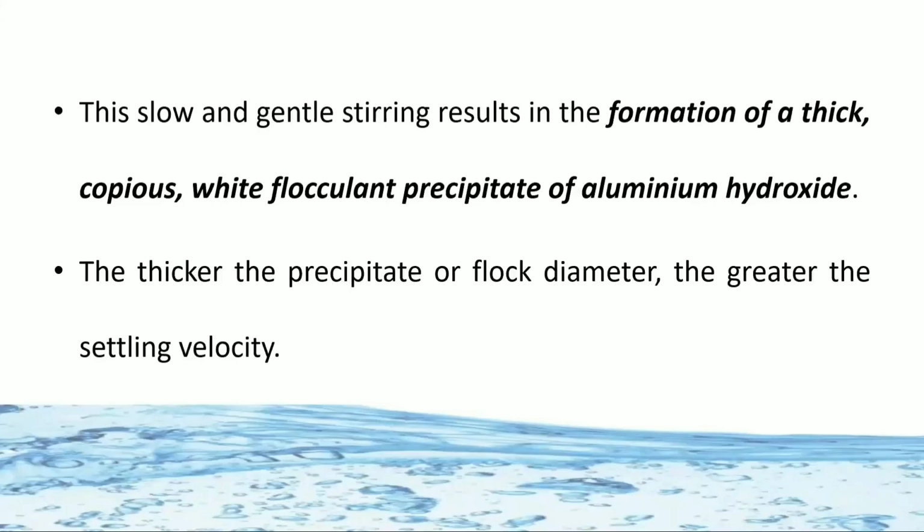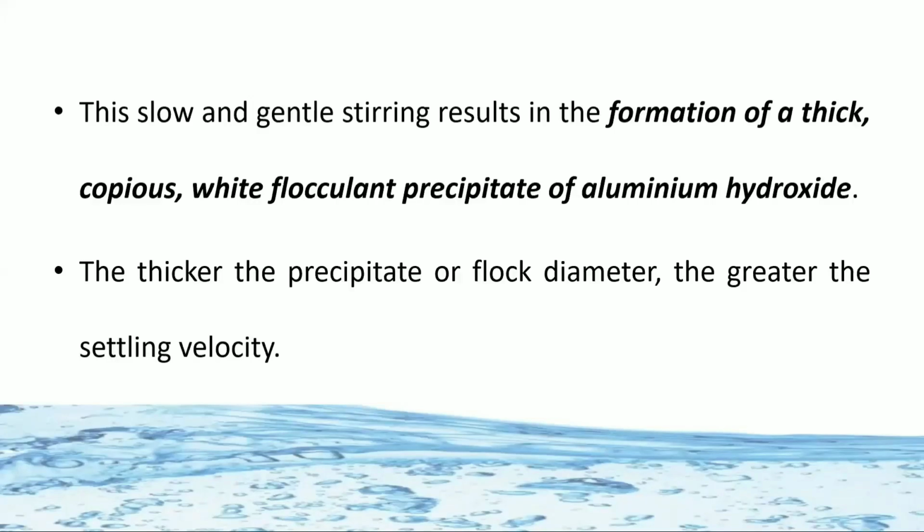This slow and gentle stirring results in the formation of thick, copious, white flocculant, which is a precipitate of aluminum hydroxide. As we added alum, that alum plus the turbidity or impurities of the water get mixed and form the thick flocculant.